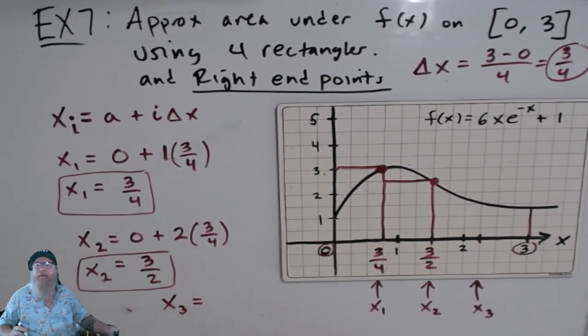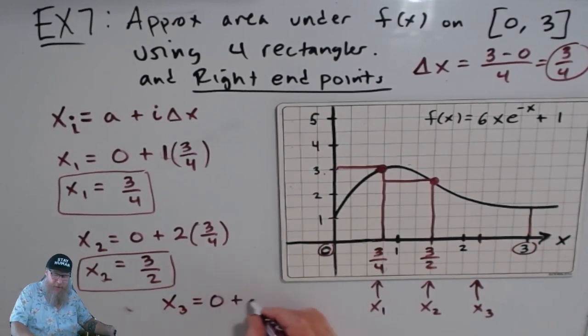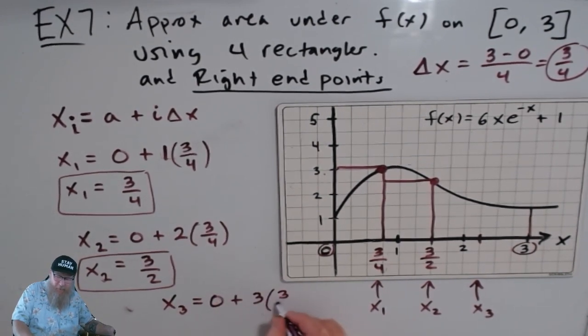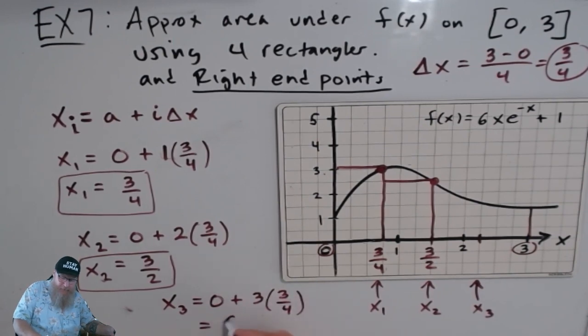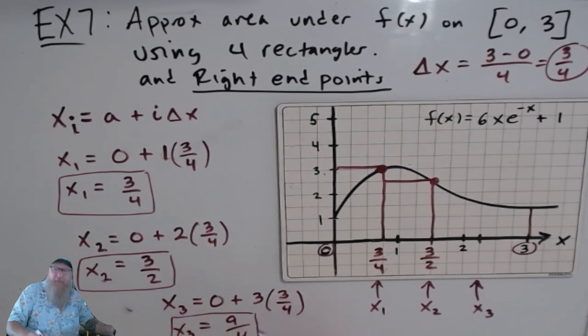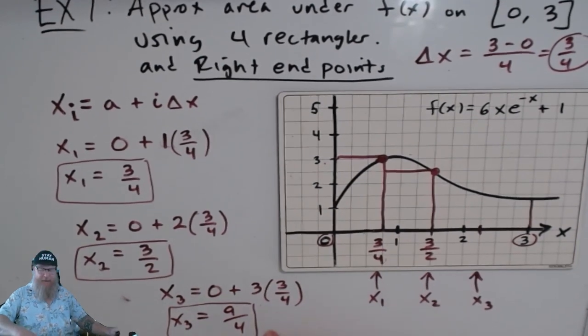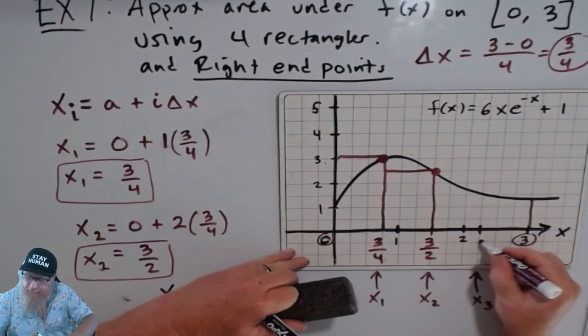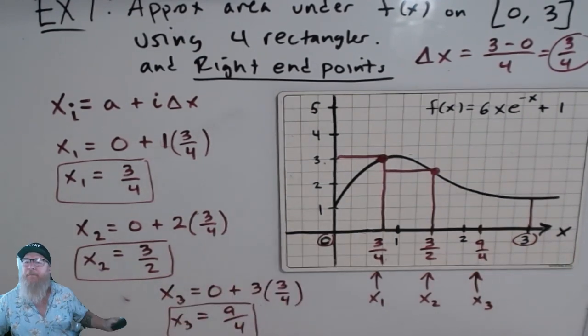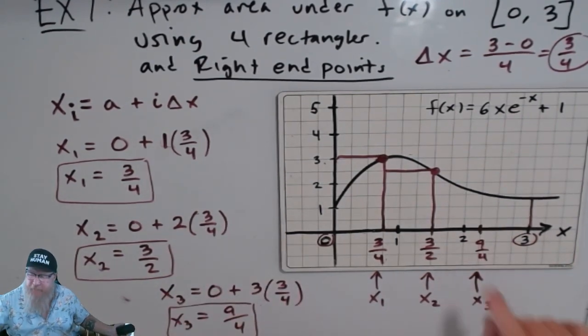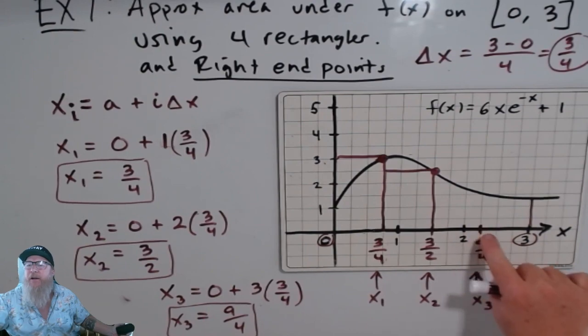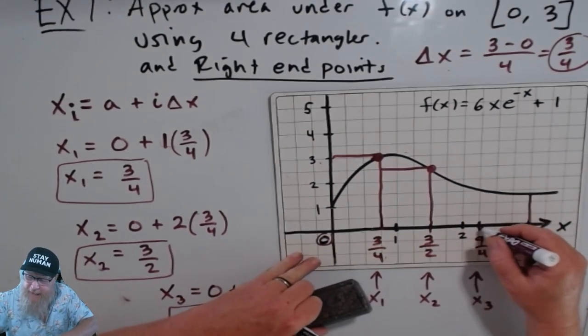X3 is 0 plus 3 times 3/4, which is 9/4. Did that fit on the screen? Barely, 9/4. So that's 9/4, also known as 2.25. You can see on the graph, it's just a quarter past 2.